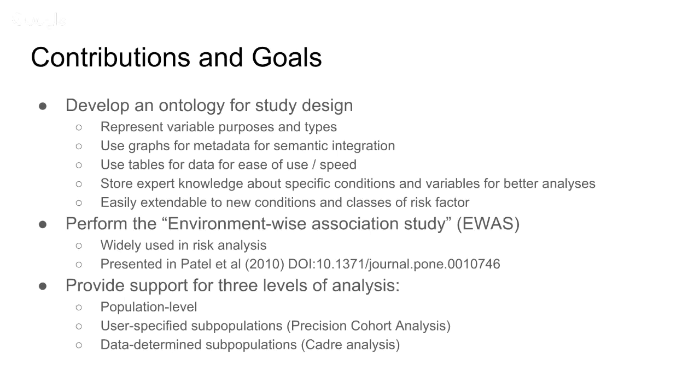Then you aggregate your results in some sort of visual manner and also numeric manner. I have a reference to the original paper for the EWAS, but it's very commonly used. We've noticed about 500 papers on PubMed that do this general sort of thing. So if you can represent this with an analysis ontology, then you get a lot of ability for paper replication.